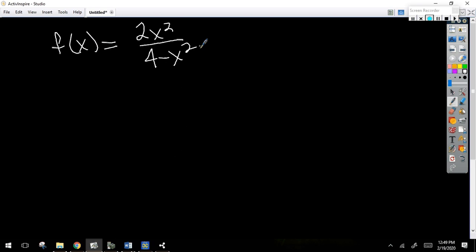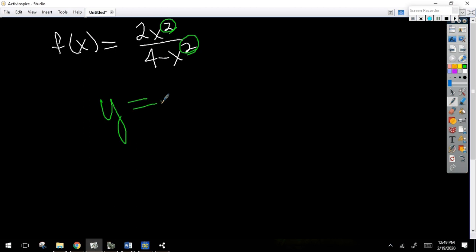Does this one have any horizontal asymptotes, and if so, where are they? So you first have to decide, is it top heavy, bottom heavy, or equal? Equal. Why? Biggest exponent, right? So now, if they're equal, what does it say that I do? Exactly.